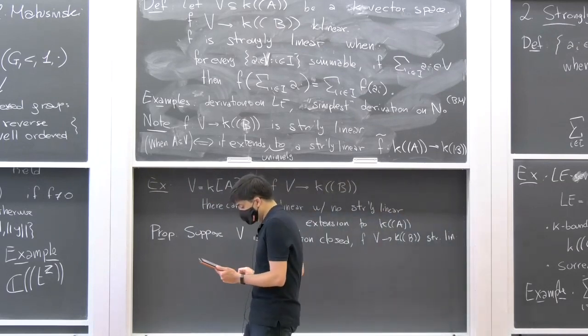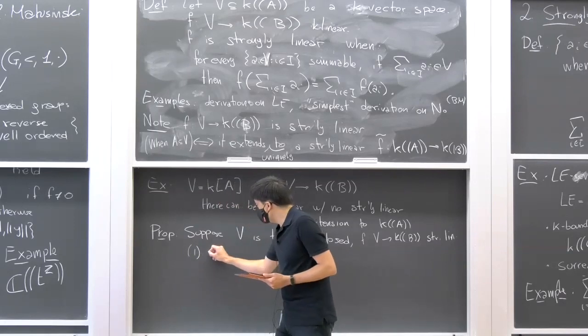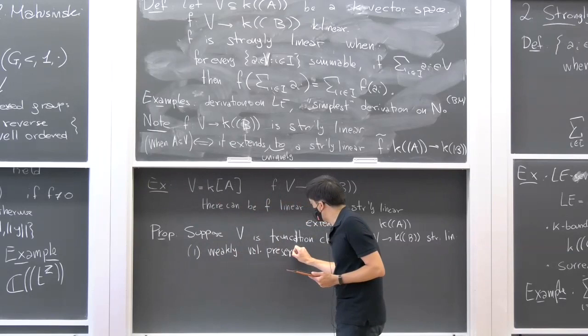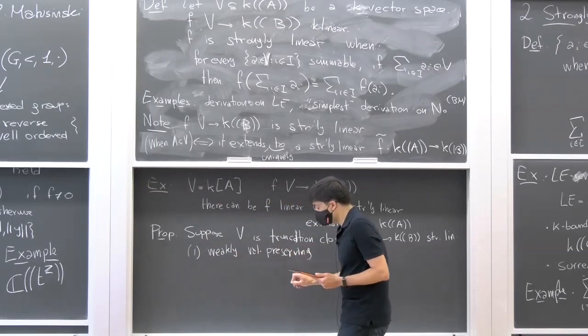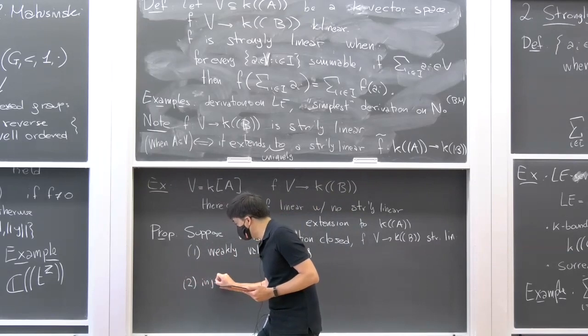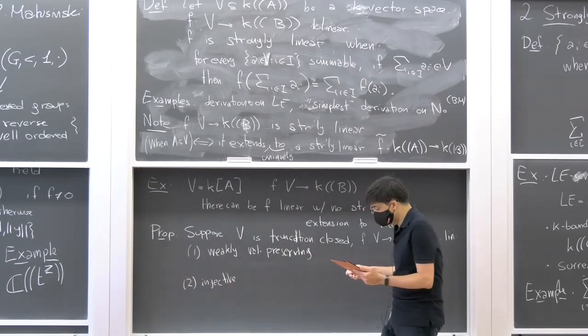And suppose also that it's weakly valuation preserving. I'm going to tell you in a second what this means, but I want to add injective here right away, because then I'm going to make a change on that.